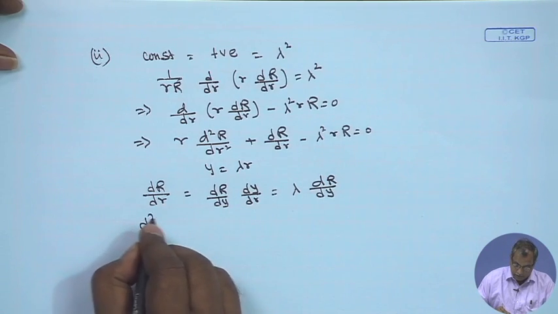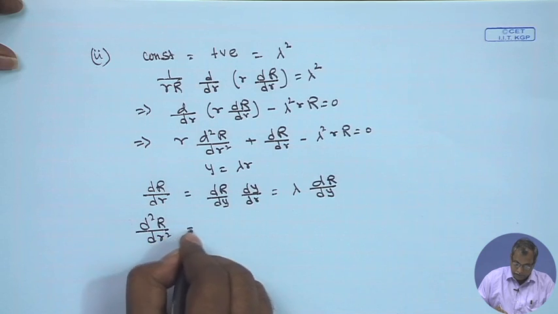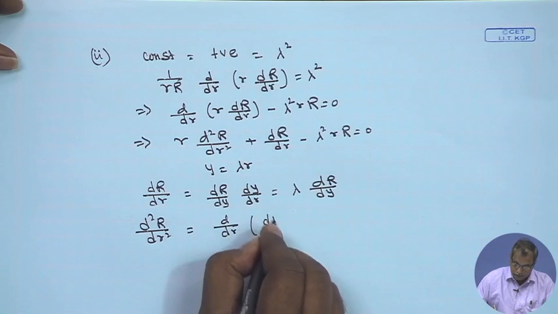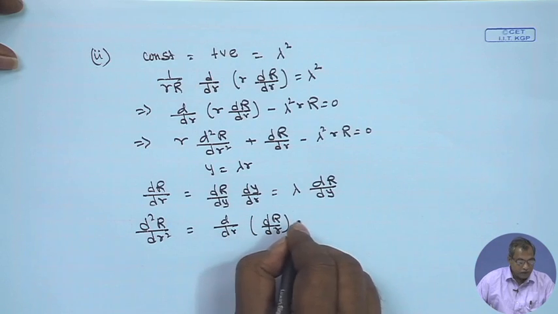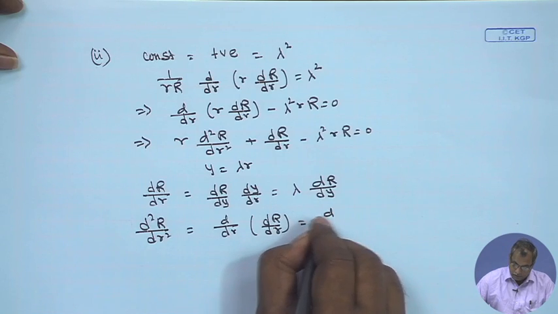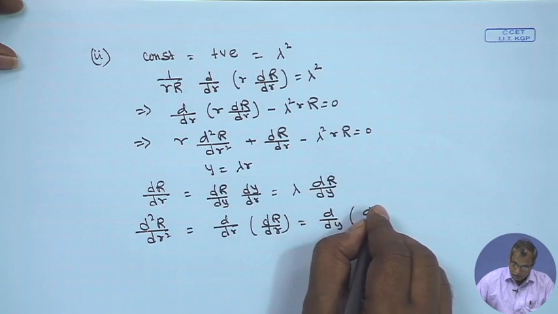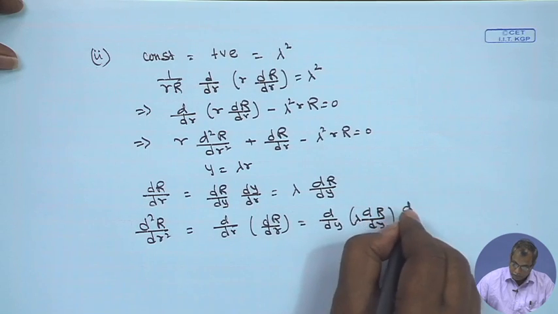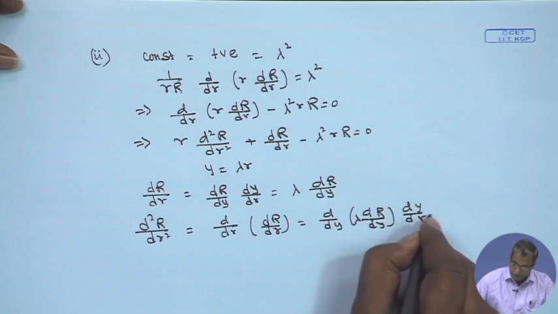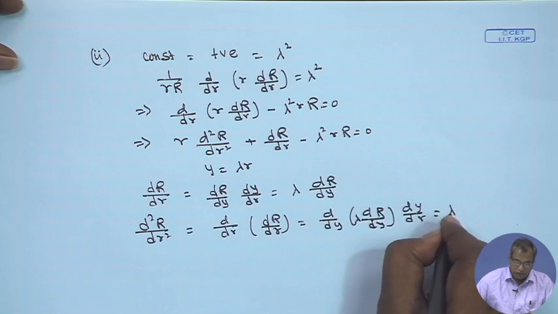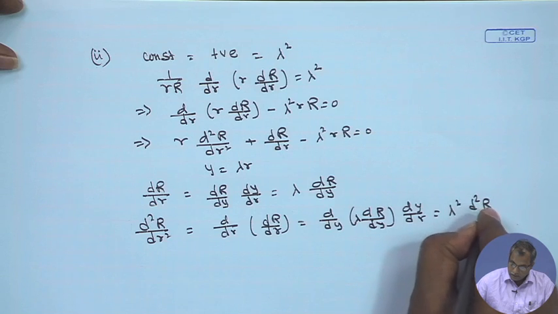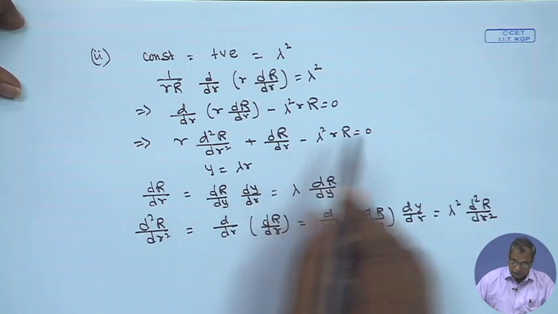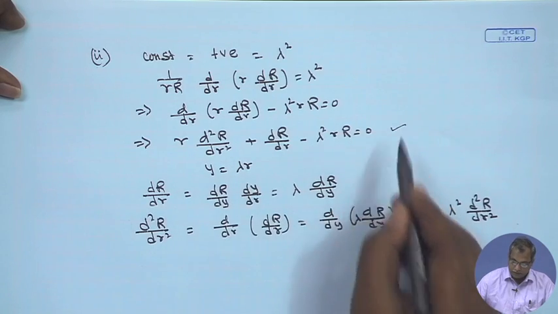Similarly, we can get d²R/dr² in terms of y as d/dr of dR/dr. So, this becomes d/dy of lambda dR/dy multiplied by dy/dr, and this will be lambda. So, it will be lambda square d²R/dy². Then we substitute these derivatives in the equation in terms of y.